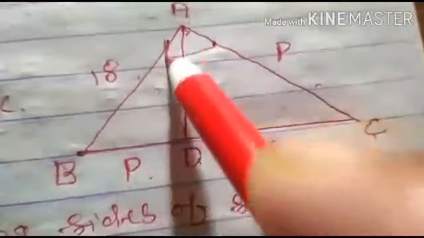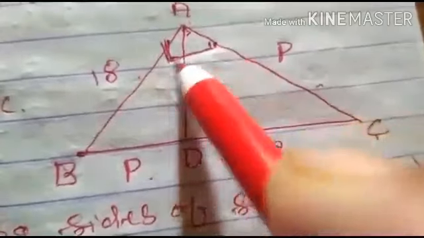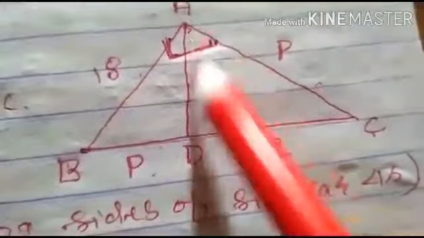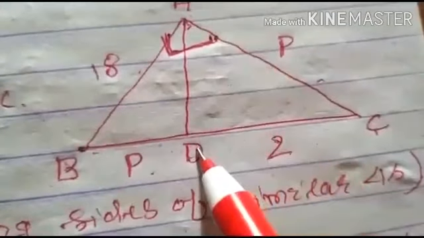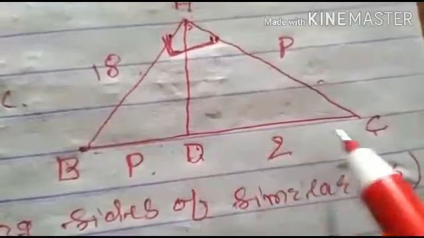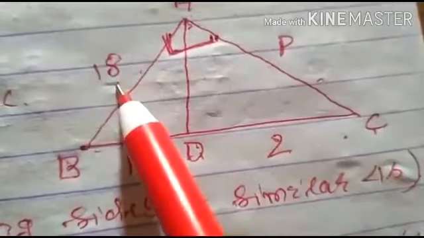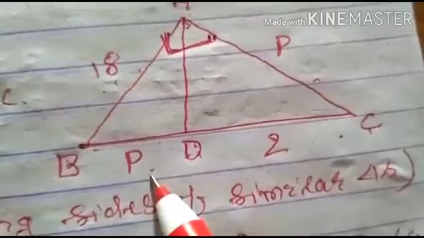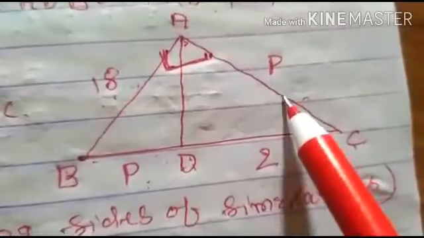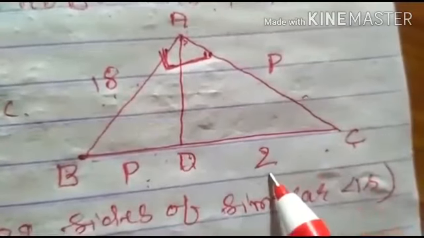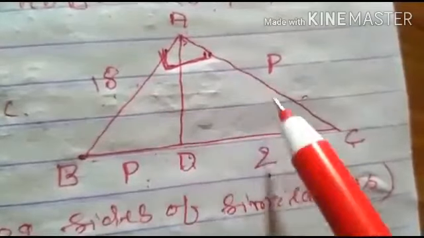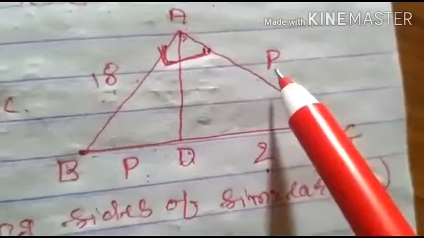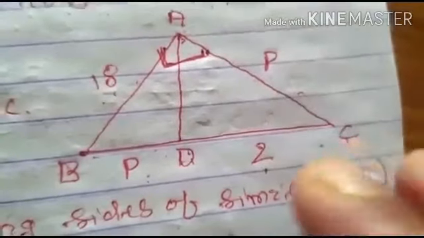And this angle is of 90 degrees, which has no use here. It is already given that triangle ADB is similar to triangle ADC with these measurements: AB equals 18, BD equals P, AC equals P, and DC equals 2. And here we need to find the value of P.